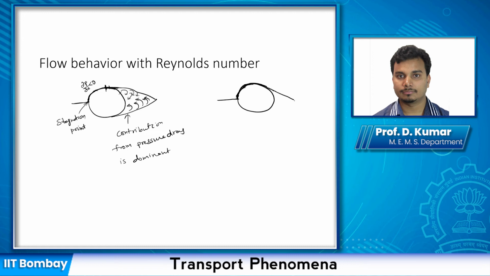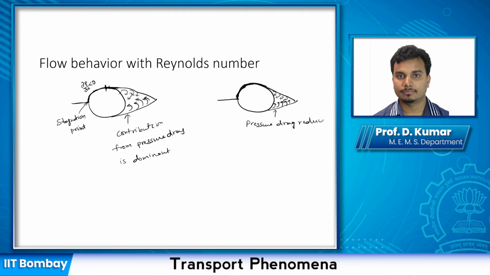So now your wake region becomes smaller, and your pressure drag significantly reduces suddenly because of this transition.